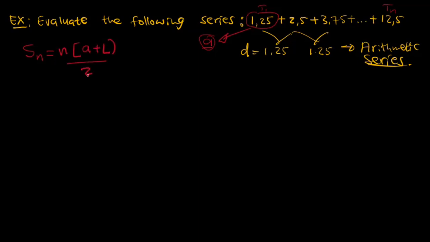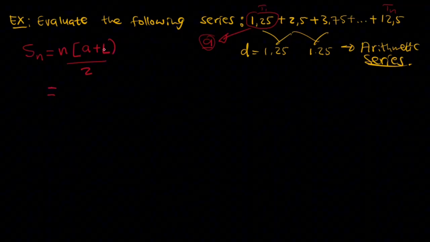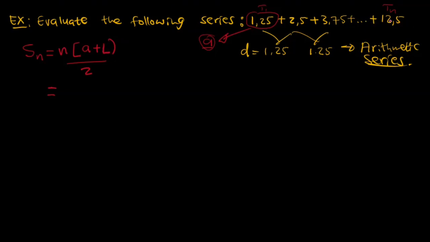The reason I'm going to use this formula is because I know the last term. To evaluate this series, I need to determine the value of n. I already know the value of a, and I already have the value of l, which is 12.5.